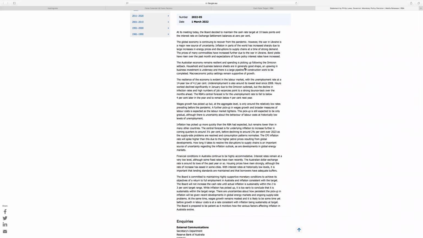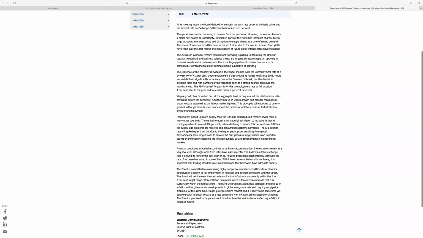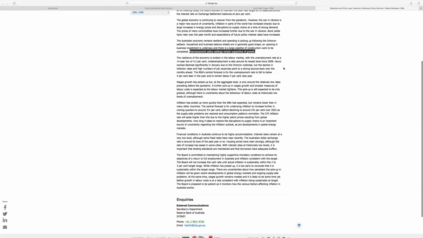The Australian economy remains resilient, with spending picking up following the Omicron setback. Household and business balance sheets are generally in good shape, with upstream business investment on the way and a pipeline of construction work to be completed. Macroeconomic policy settings remain supportive of growth. Good. The resilience of the economy is evident in the labor market, with the unemployment rate at a 14-year low of 4.2%.